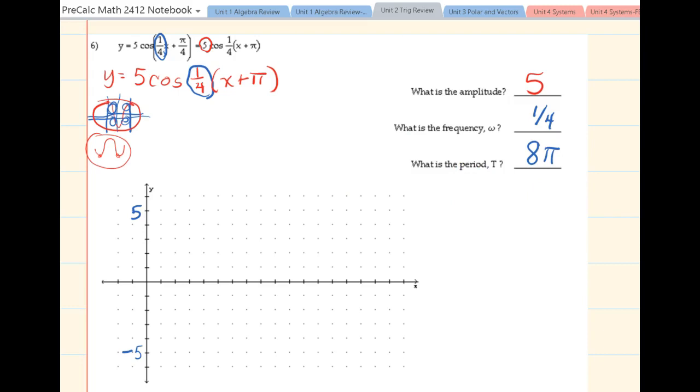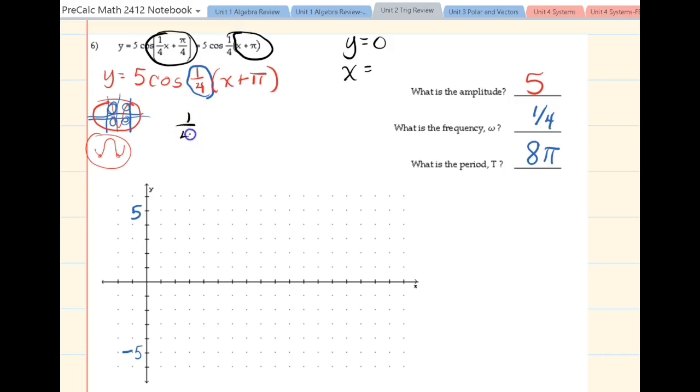Let's determine where we're going to start our graph, our new origin. What we do know is that there is no vertical shift up and down, so we're going to start at y is equal to 0. And now we need to see if there is a horizontal shift to see where we're going to start our x values. In our case, it doesn't matter which equation we use. We need to get this parentheses and set it equal to 0.